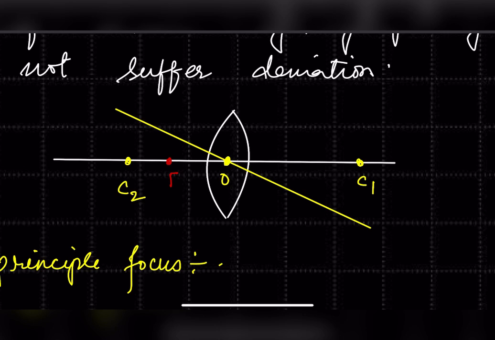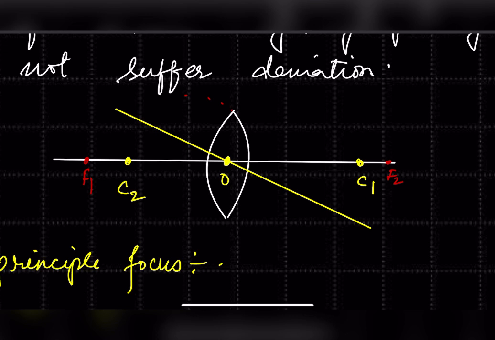I can take it here, it is f1. So it will be for this lens. This is my first principal focus, and this side will be my second. This is my second principal focus.